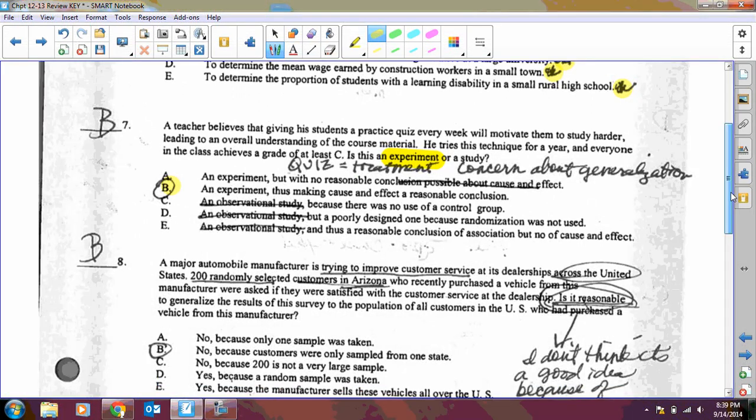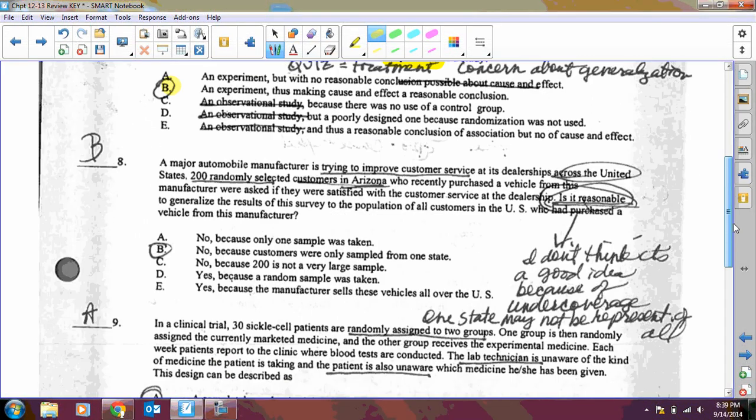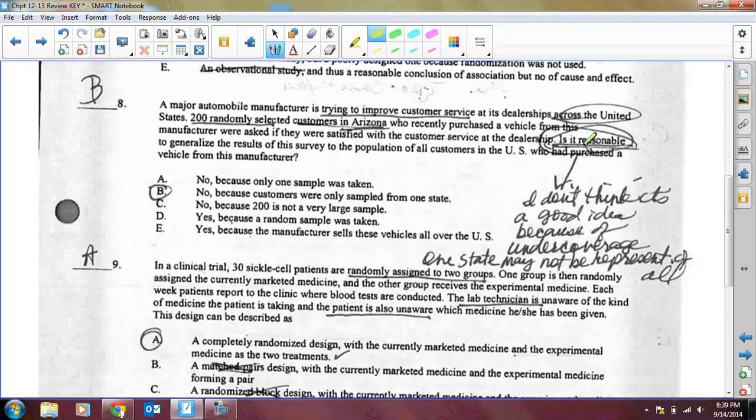All right, number 8. Let's see. What happened here is they were trying to make a generalization about all US customers from just sampling the customers in Arizona.